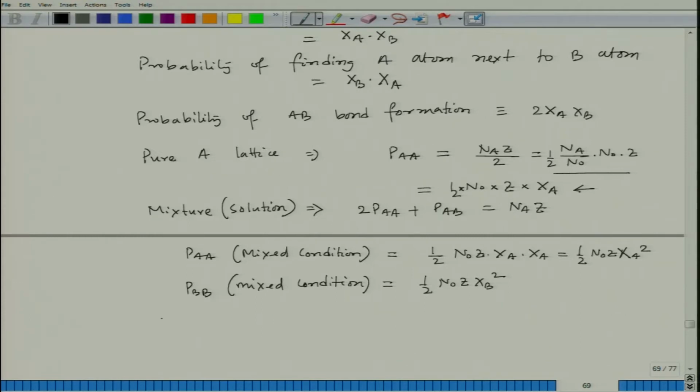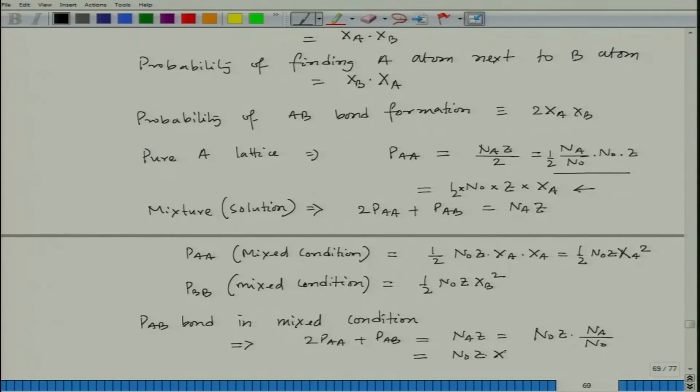Now, if I try to find out P_AB bond in mixed condition, it would be equal to 2 P_AA plus P_AB equal to N_A Z, equal to N_0 Z X_A.